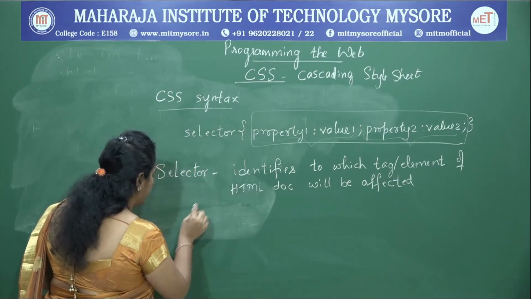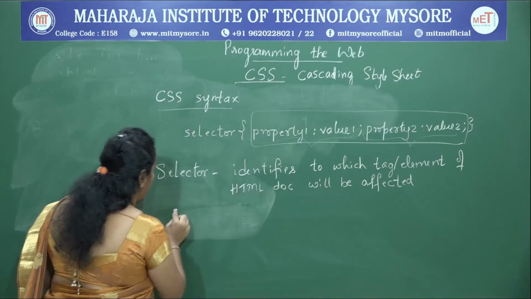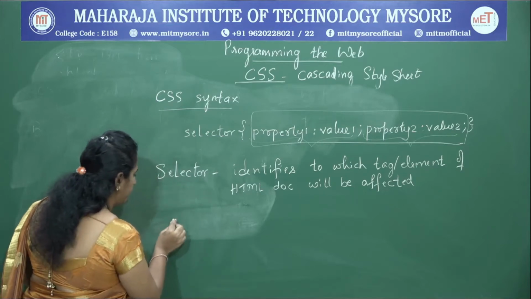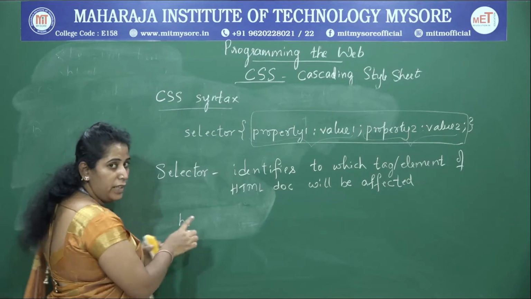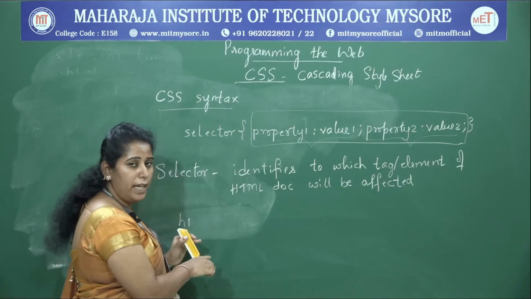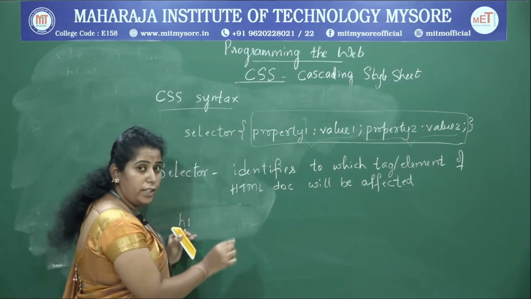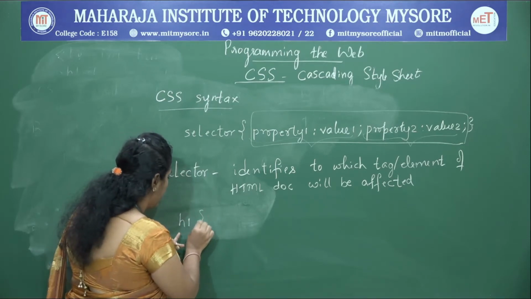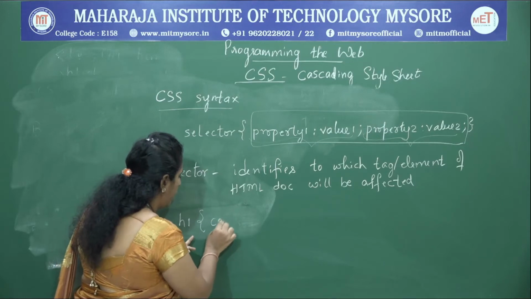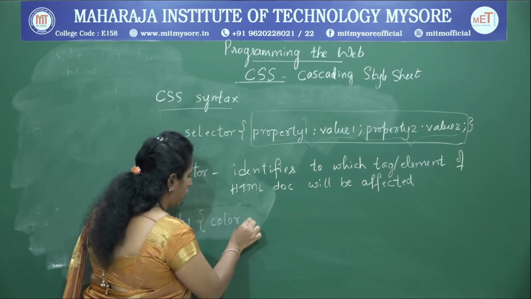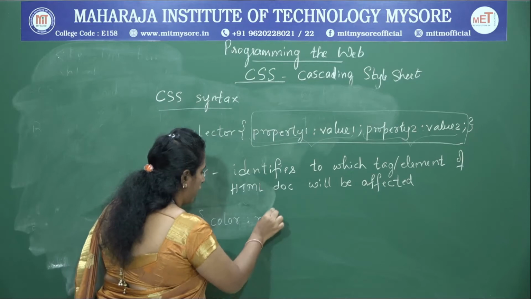For example, I am taking one simple example here. I am taking the selector as H1. Selector is nothing but an HTML tag. For which tag are you going to present? The property I am giving is color, colon, red.